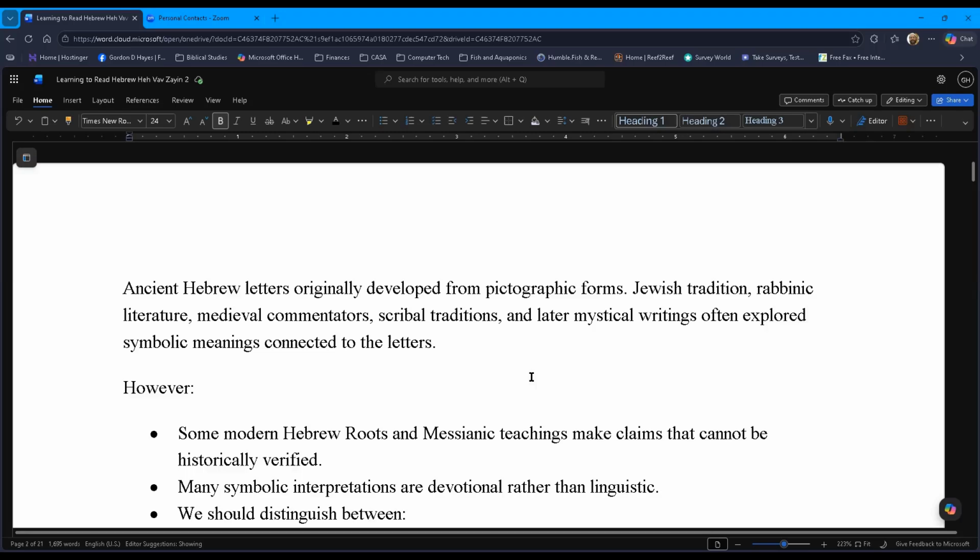Rather than depicting ideas, they depicted sounds, and then those sounds could be put together so that they could transfer their spoken language by writing it down.